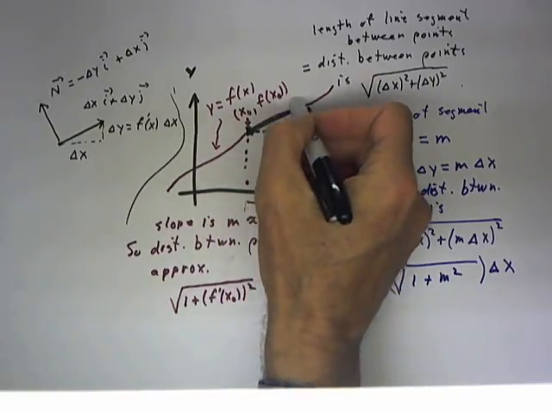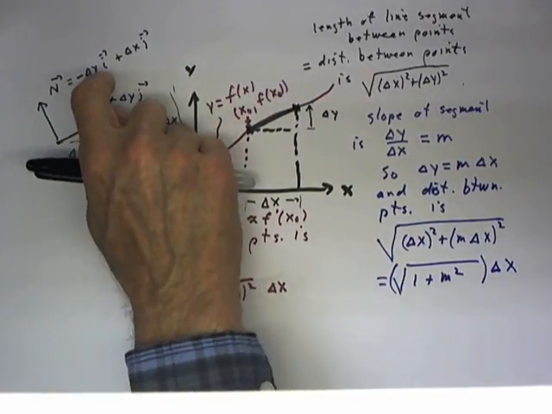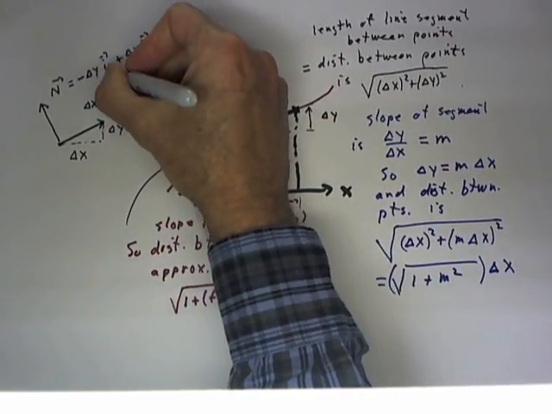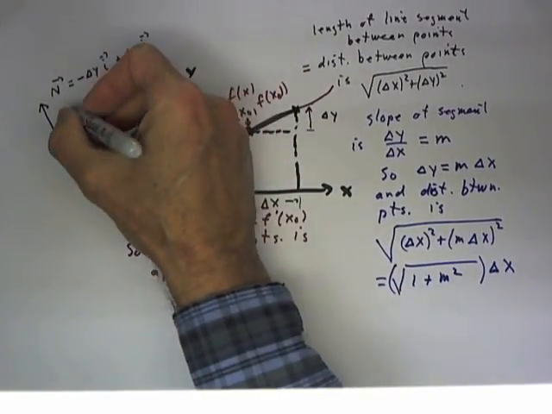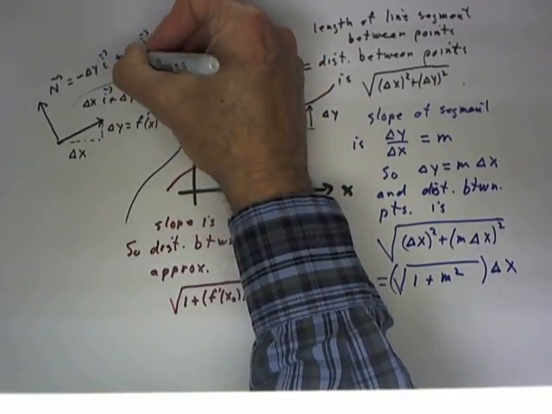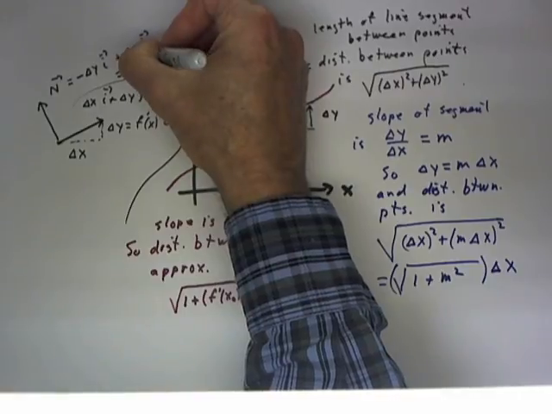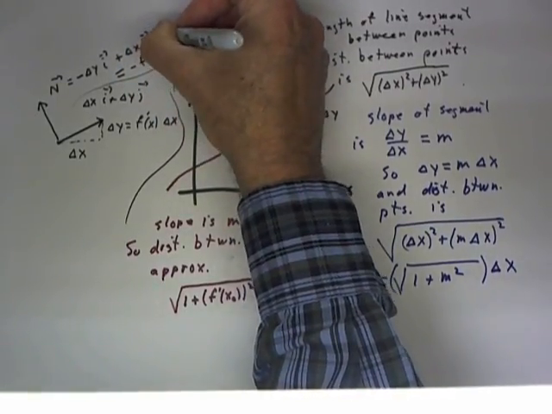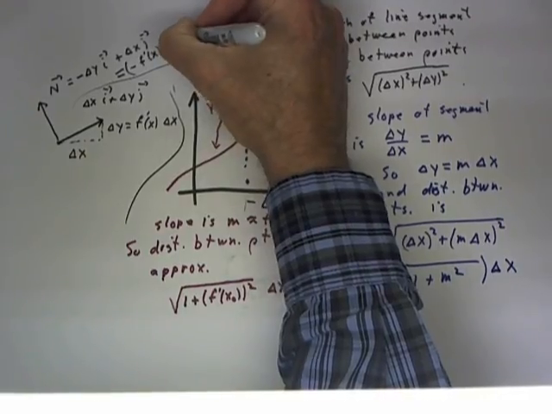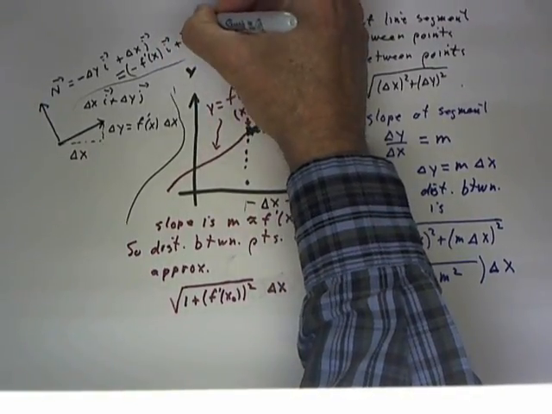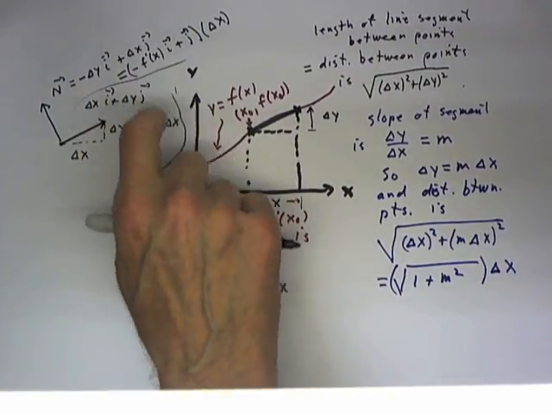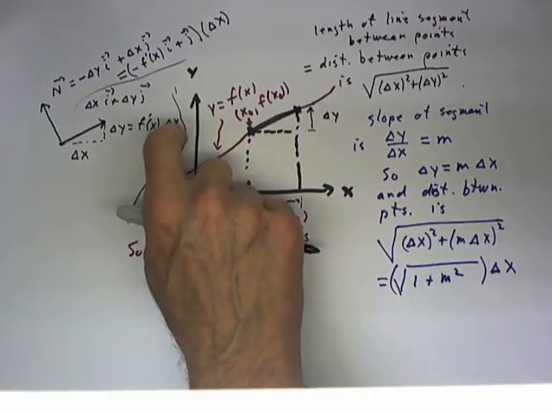In terms of our function f of x and its derivative, of course, delta y is f prime of x delta x, so that this normal vector could be written as negative f prime of x i plus j multiplied by delta x. That is, delta y is f prime of x delta x.